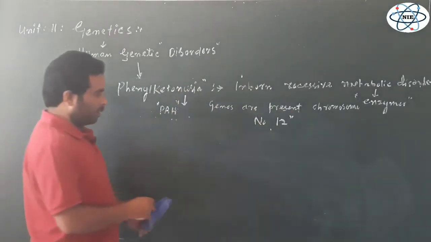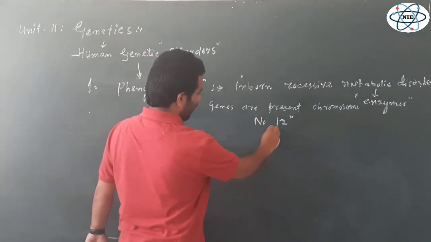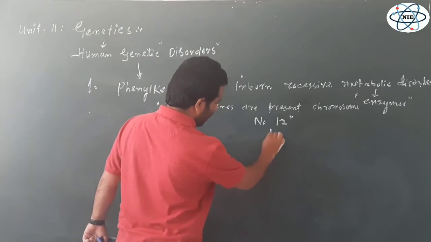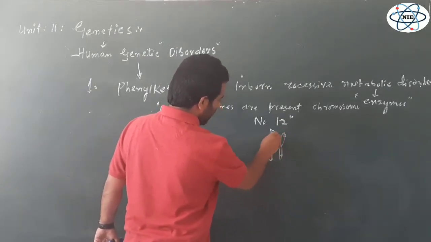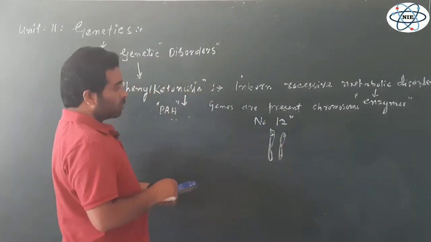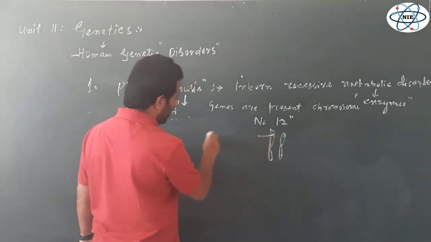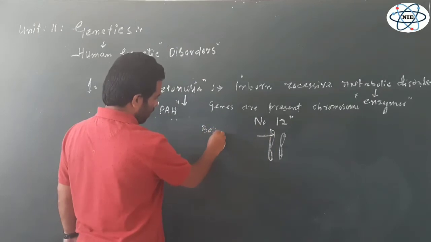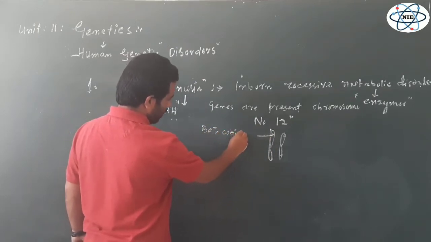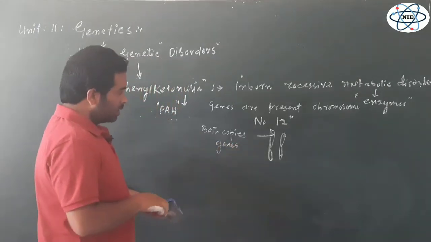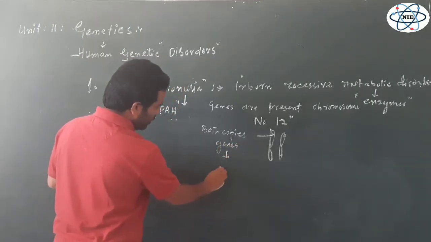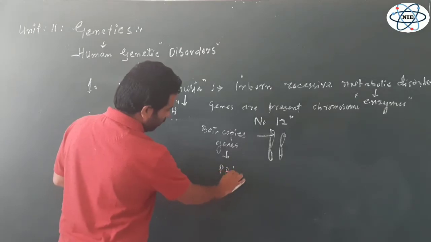The problem with the individual is that his chromosome number 12 is lacking both the copies of the genes which encode this enzyme, phenylalanine hydroxylase.